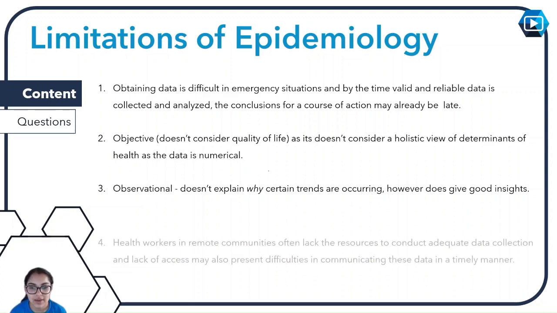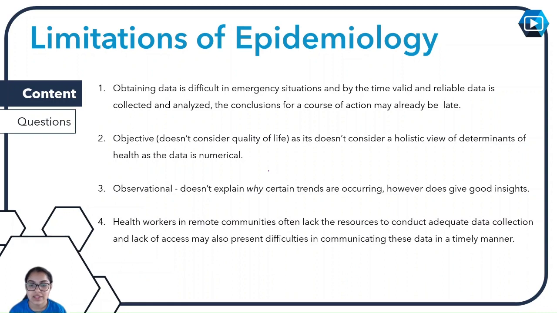And healthcare workers or health workers in remote communities often lack the resources to conduct adequate data collection. And their lack of access can also present difficulties in communicating their data.